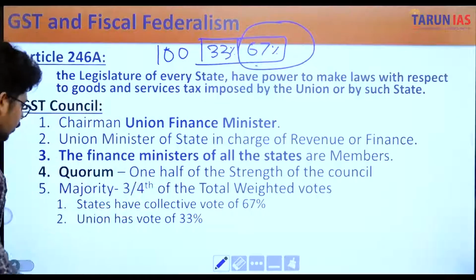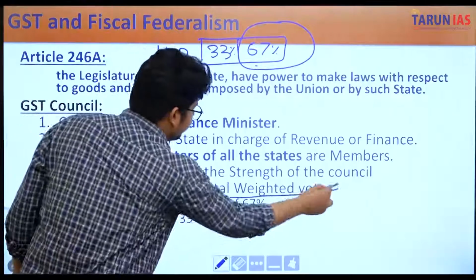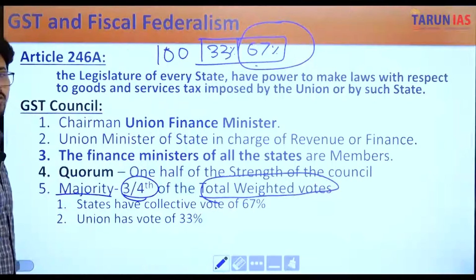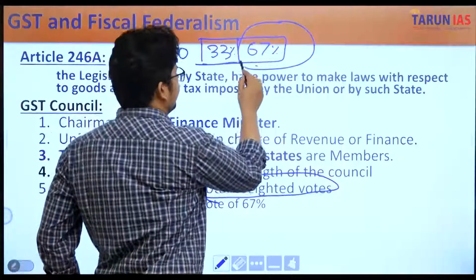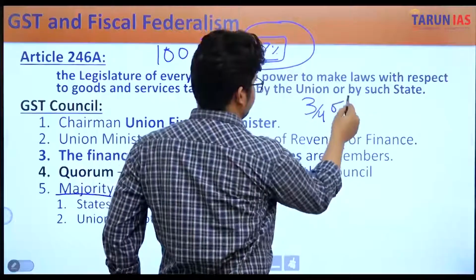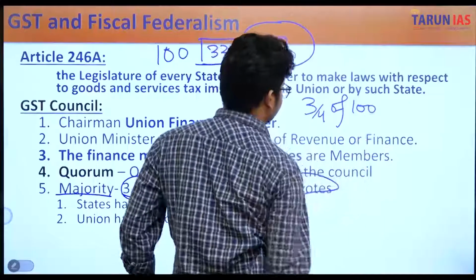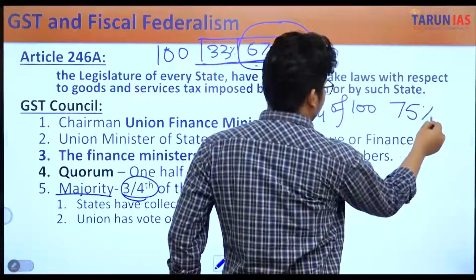Now we'll try to understand how. Majority is 3/4 of the total weighted votes. What is 3/4 of 100? 3/4 of 100 is 75.